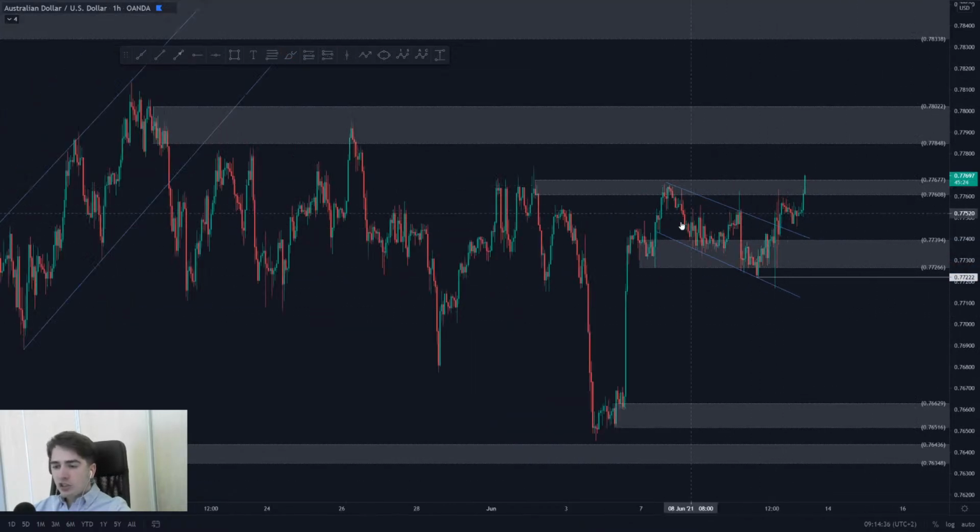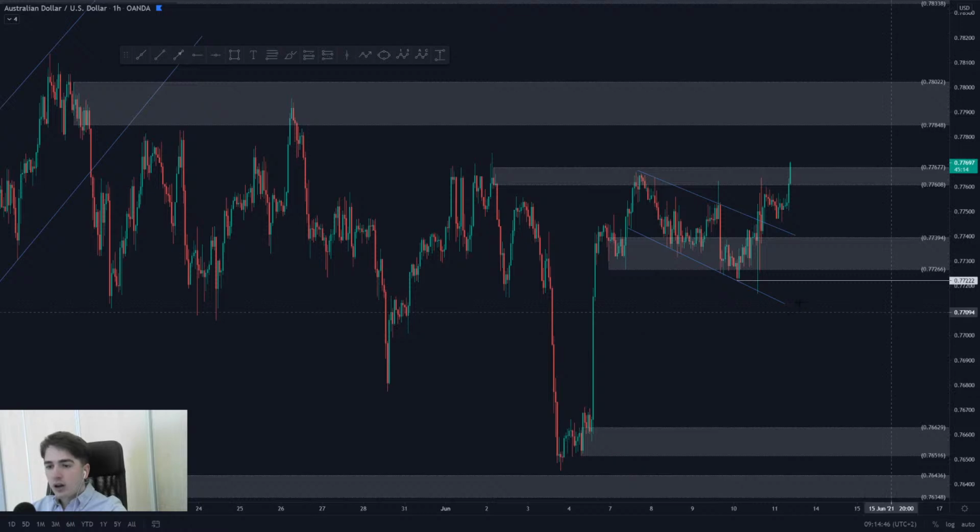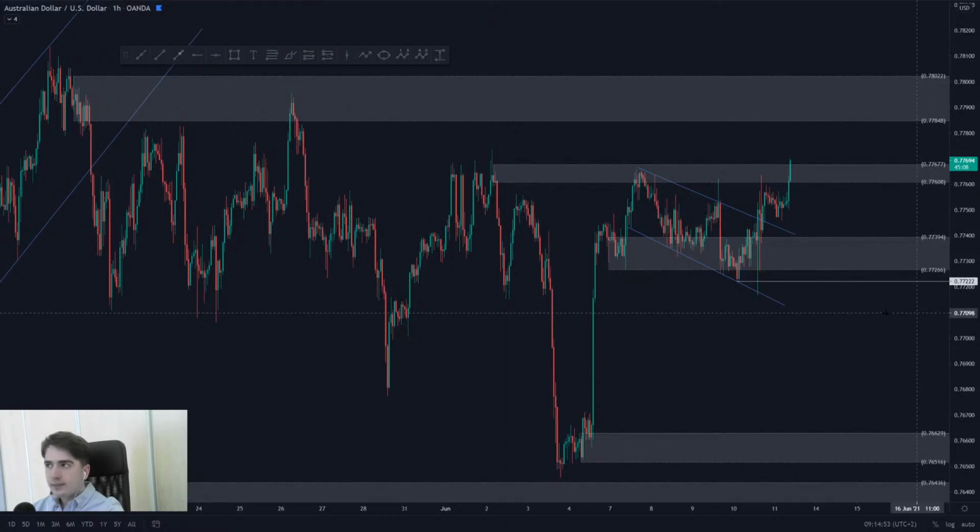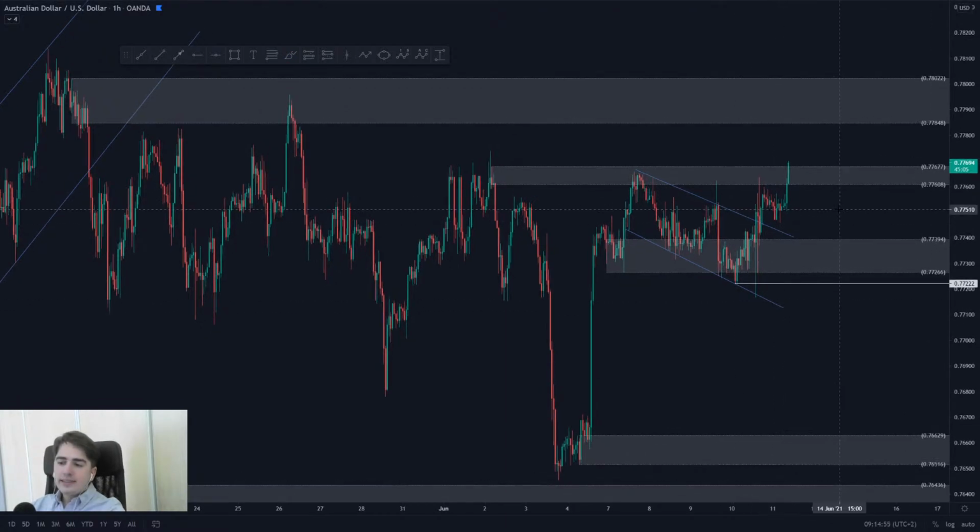But just looking at price in general, we were correcting in a descending manner, which is a sign of bullishness to come, and therefore we can expect that we are going to start moving further up in towards the highs. So as you guys can see, I have this zone drawn on at around 0.77608. So this is an area of supply within the market where we do expect potential reversals to come from.